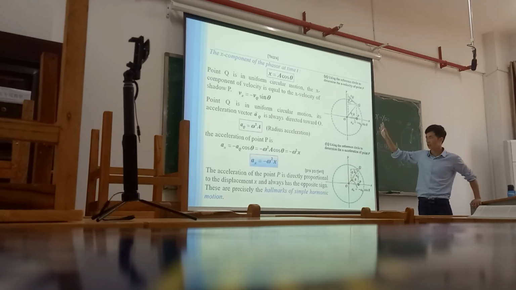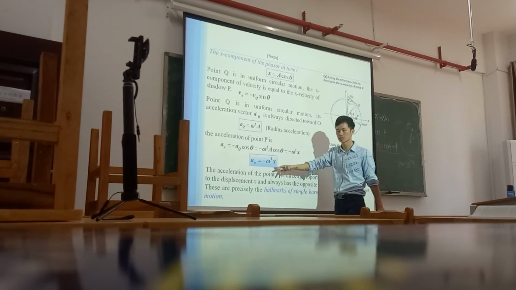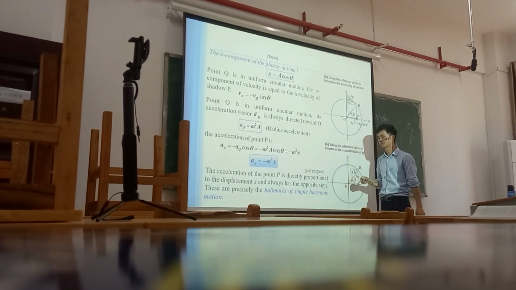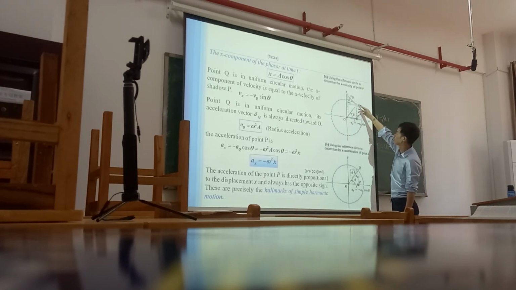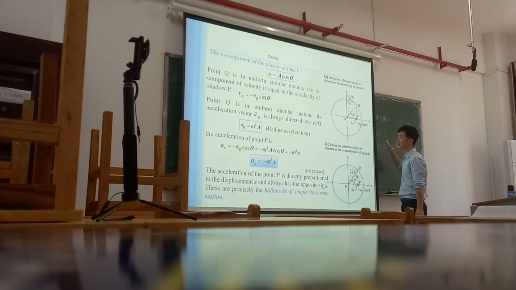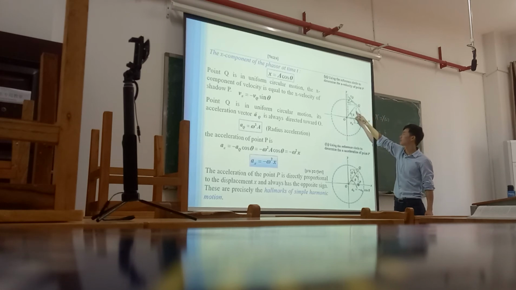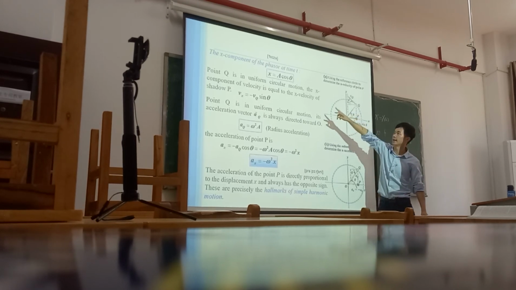Beginning from the circular motion, we can find the displacement x, the velocity along the x-axis, and the acceleration along the x-axis. We just project the quantities of the circular motion of point Q along the x-axis. Firstly, we have x equal to A cosine theta.